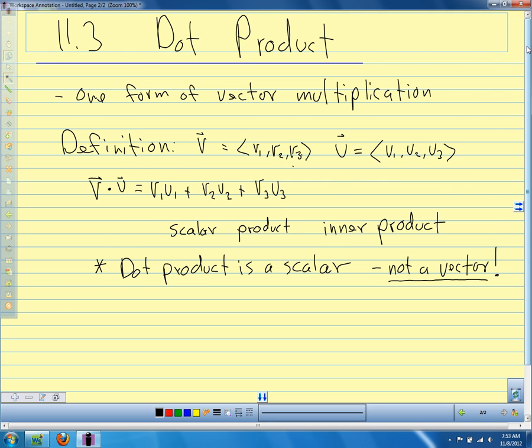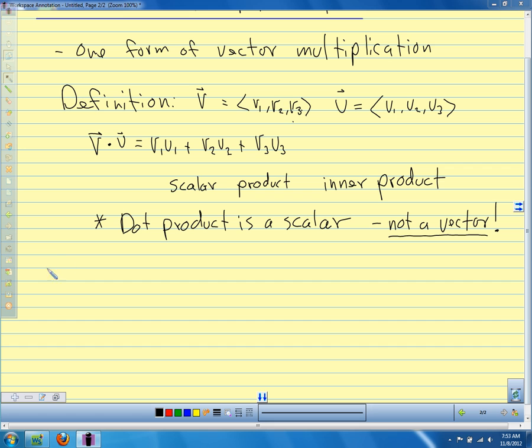A couple of properties of the dot product that are going to be important.